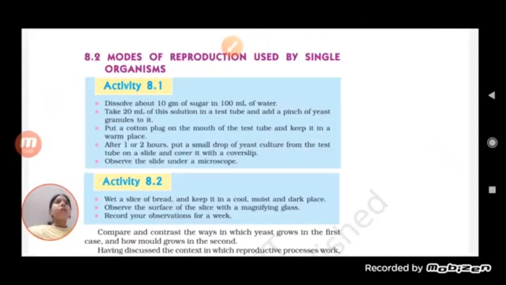Now let us see, students, if we talk about asexual reproduction, we know that this mode of reproduction is shown by a single organism. It means it involves a single organism, where one parent performs the process of reproduction to give birth to its own kind, identical to it, because they are genetically identical, which we have already studied.